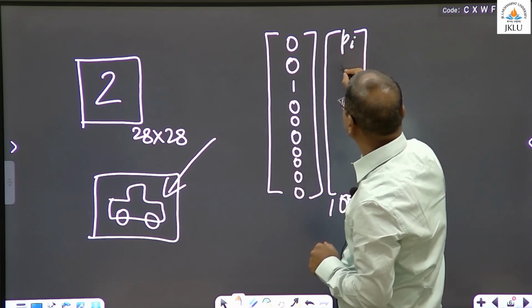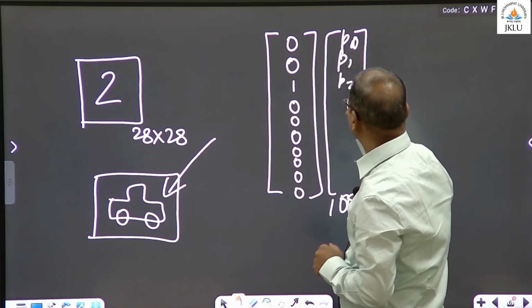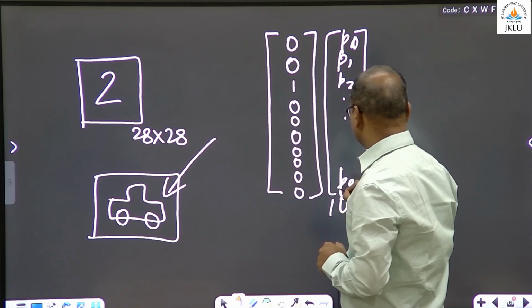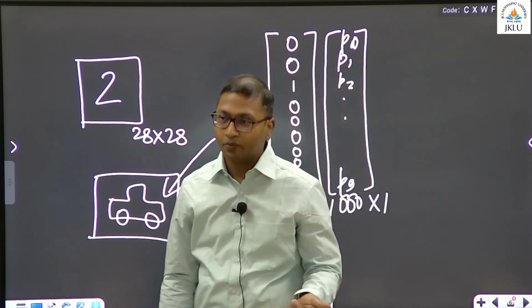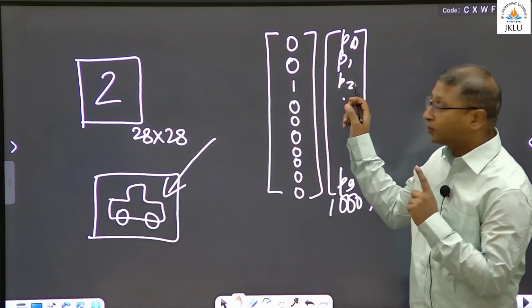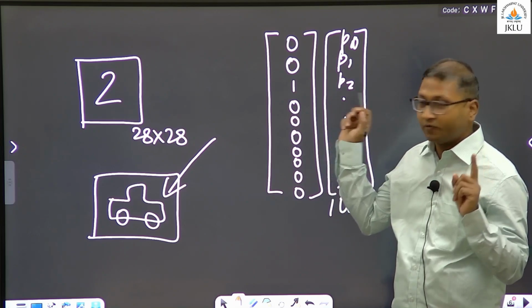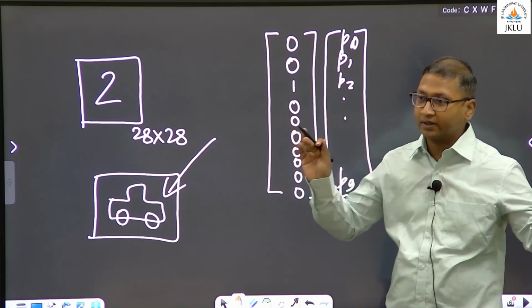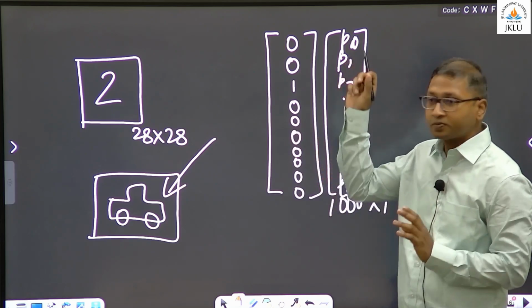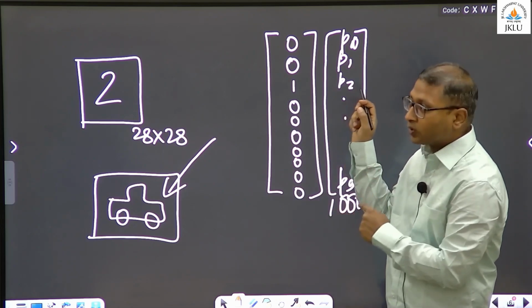You will be predicting something like P0, P1, P2 all the way until P9. Of course, summation Pi equal to 1. If P2 is the highest, you declare this is fine. So this is not max in that sense, because otherwise you would like to keep this 1.